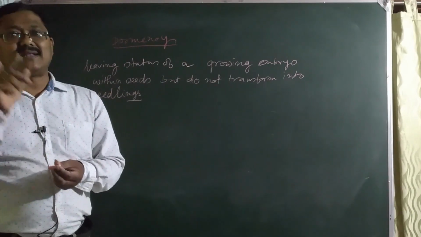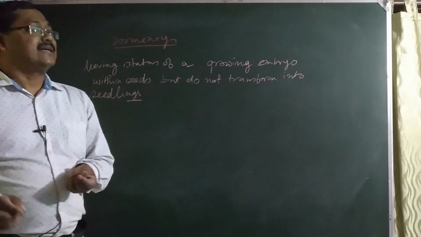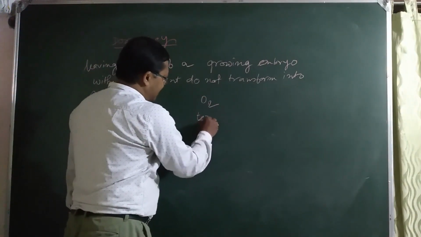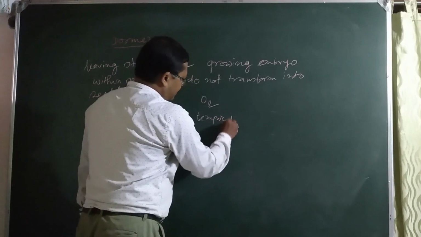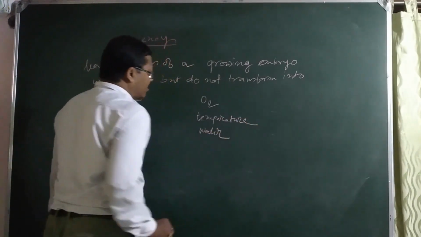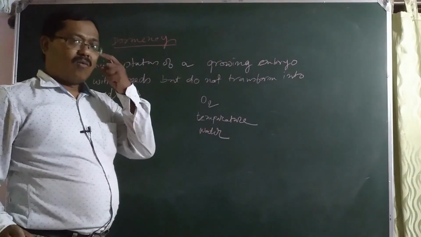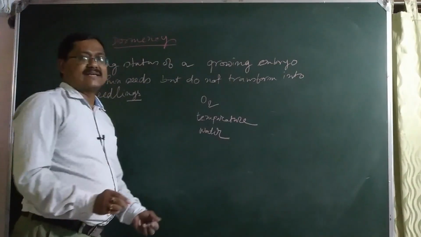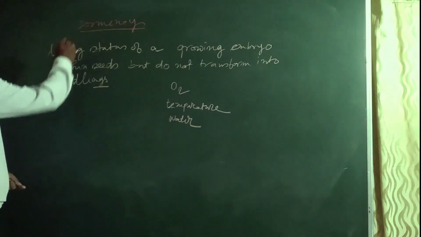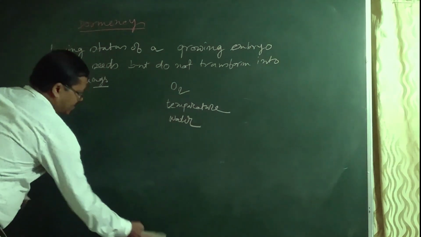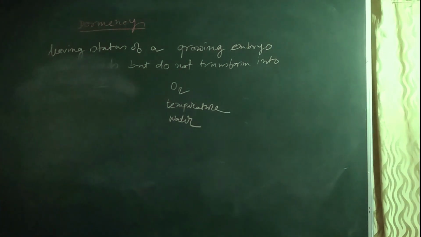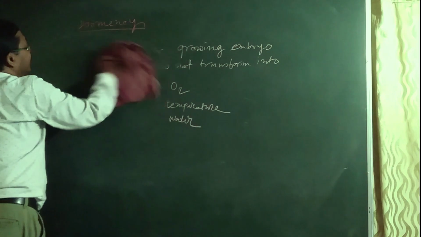When the seed gets a sufficient amount of oxygen, temperature, water, and in some cases light, then germination will occur. What are the different steps during plant growth?